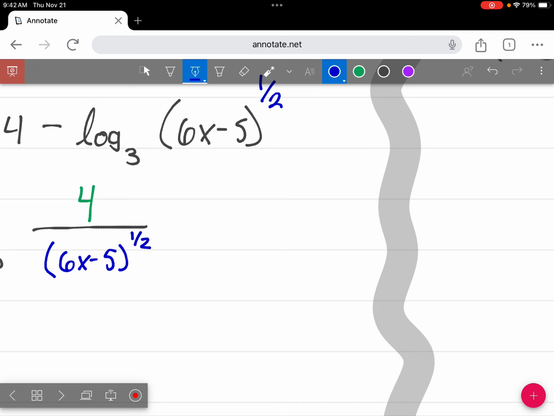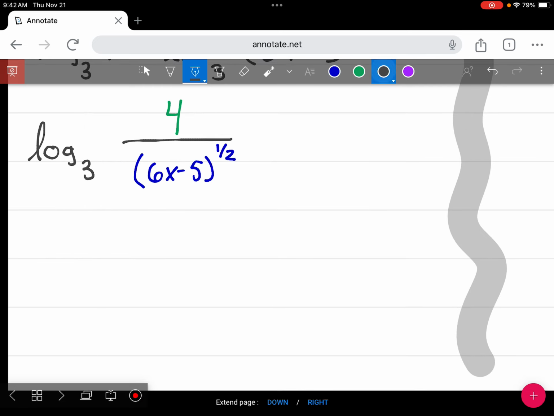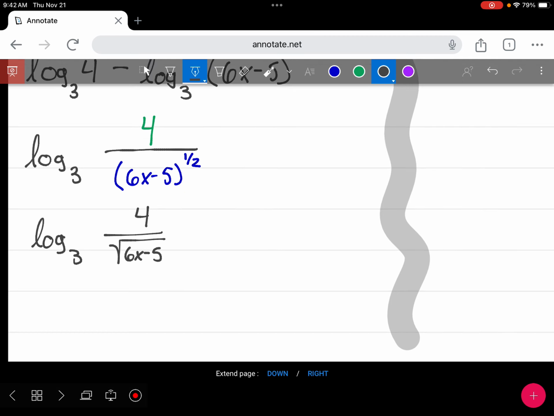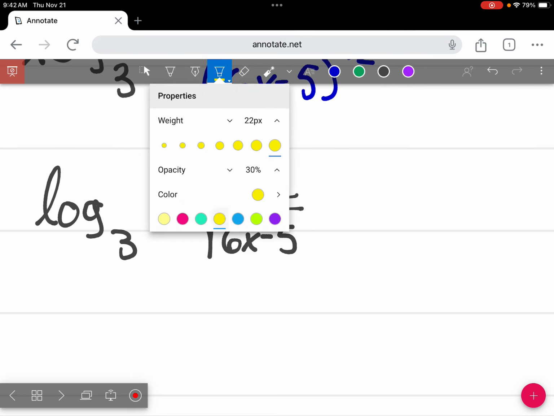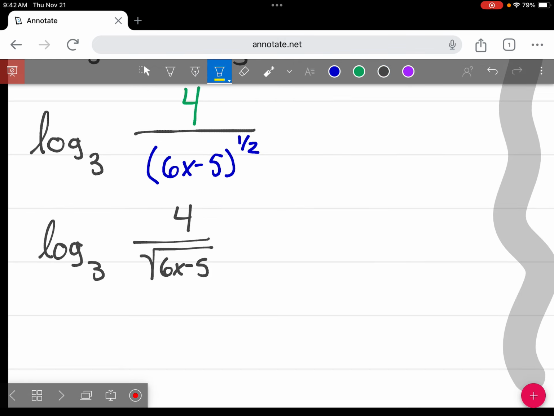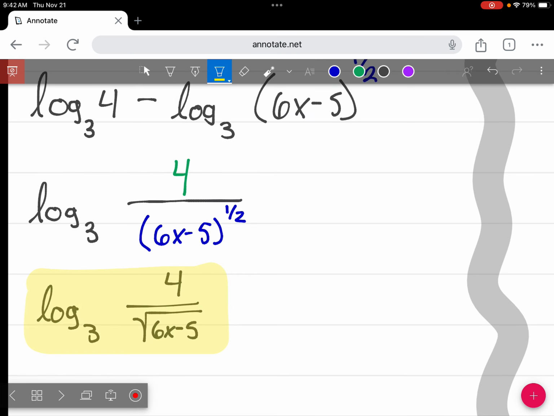The square root. So this is the same thing as log base 3 of 4 over the square root of 6x minus 5. And that's fully condensed down because my log has only one expression. I prefer you write them back out as radicals like this, but if you leave it like this, it's technically okay.